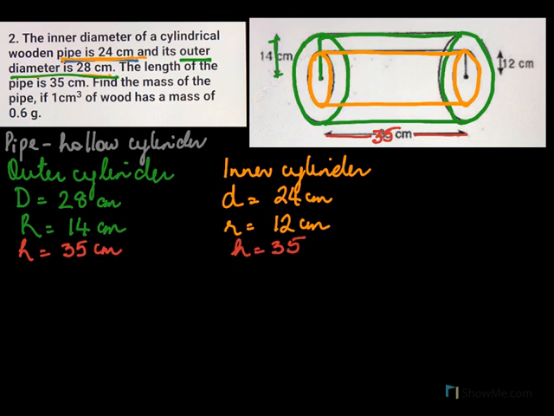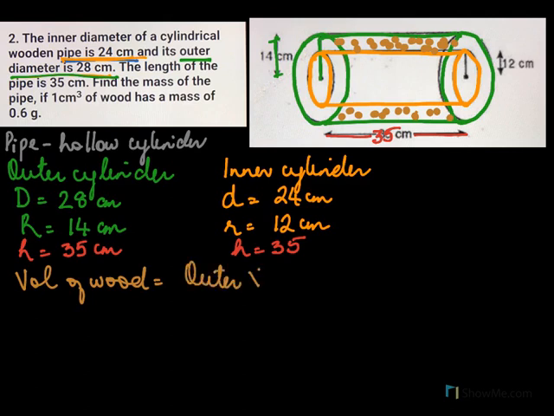So if we want to find the volume of this wood which lies between the two cylinders, we have to take outer volume minus the inner volume. So volume of wood, because it is hollow, will be outer volume minus inner volume.